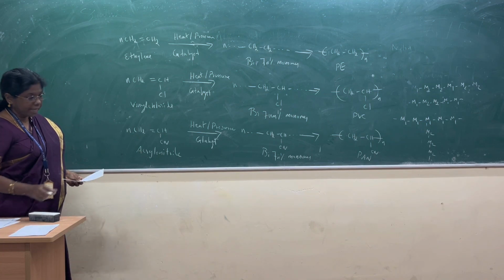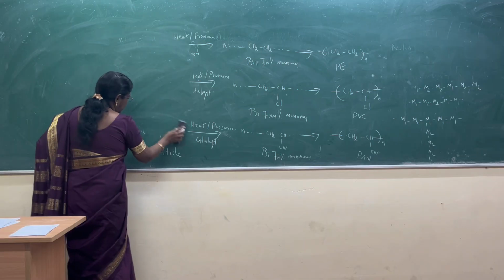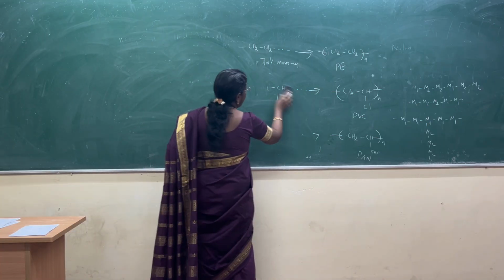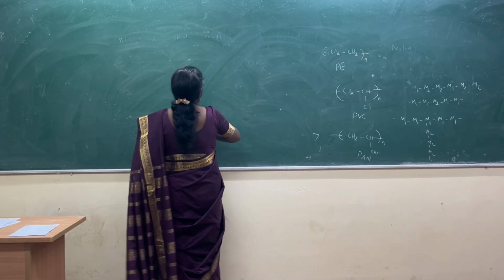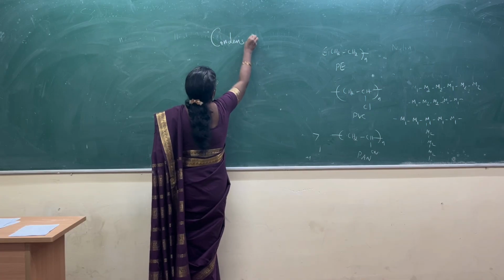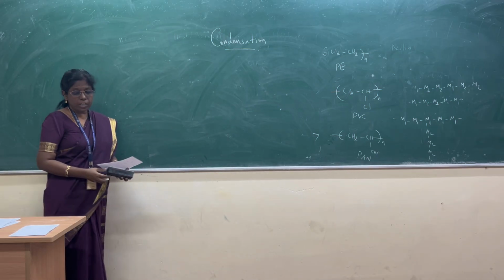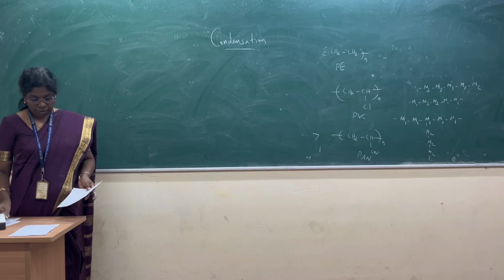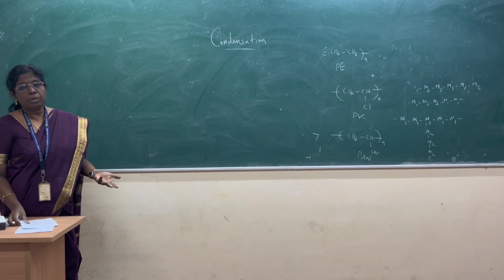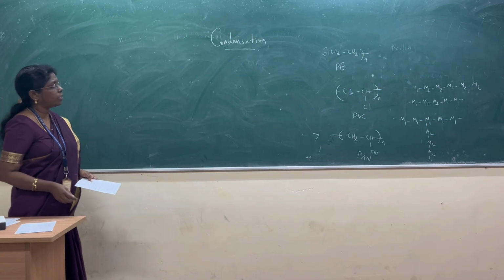Next we will see condensation polymerization. Condensation polymerization is a chemical reaction between simple polar groups of the monomers, with formation of a polymer. An example for condensation polymerization is nylon.